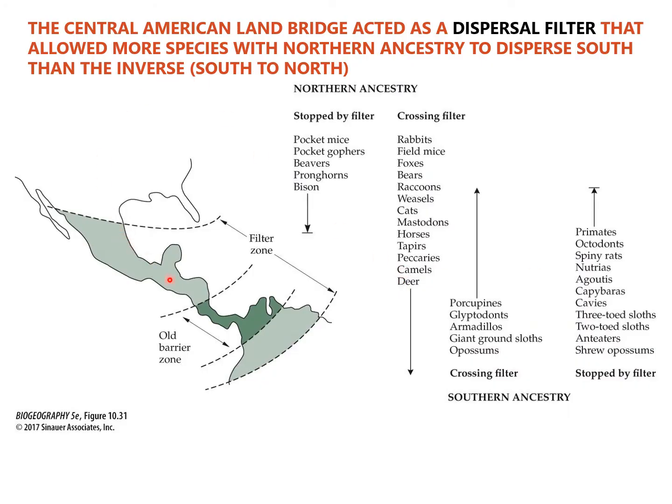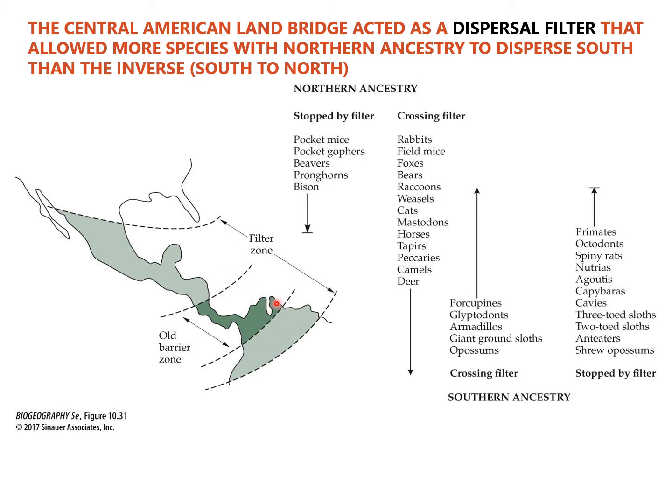So here's the formation of the Central American land bridge. And when it formed, it basically acted as a dispersal filter that allowed more species with northern ancestry to disperse south than the inverse. So more species went south than went north. But basically you had this filter zone.